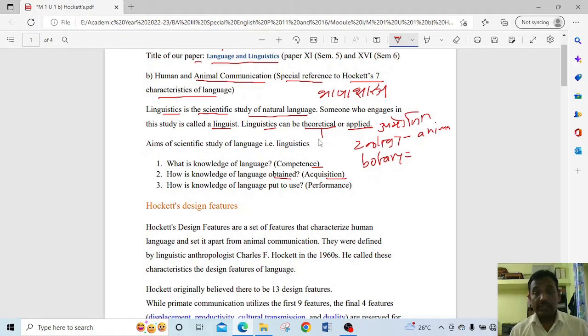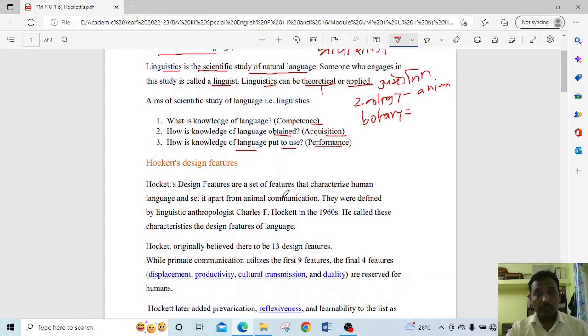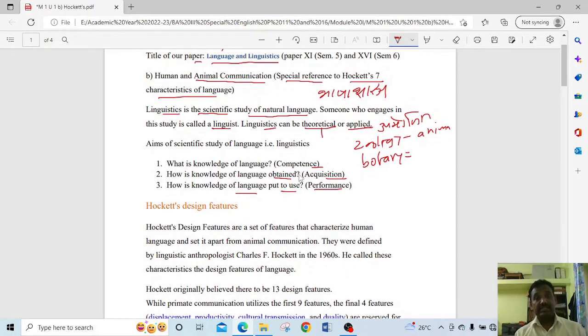And how is knowledge of language put to use? That is how the competence is used to do communication. That is the performance. So these are the areas or the aims of linguistics.